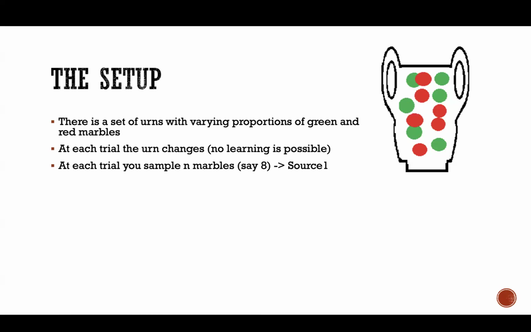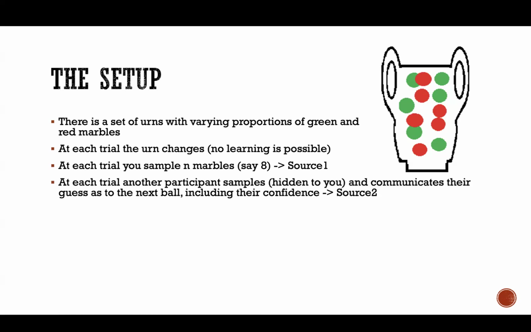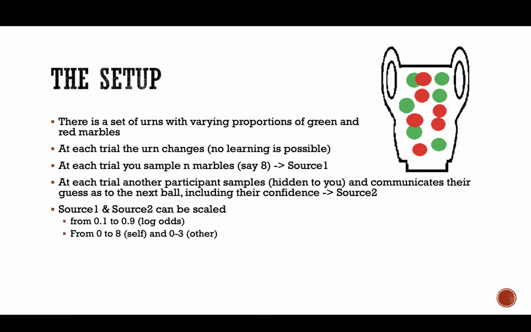At each trial, you sample n marbles, say 8, and we call that source 1. At each trial, another participant samples, hidden to you, the same amount of marbles and communicates their guess as to the next marble, including their confidence: source 2.